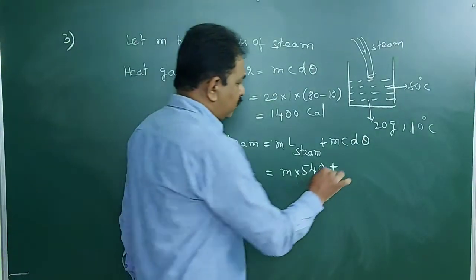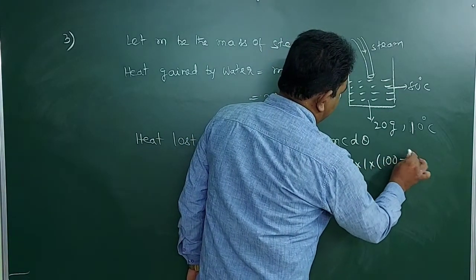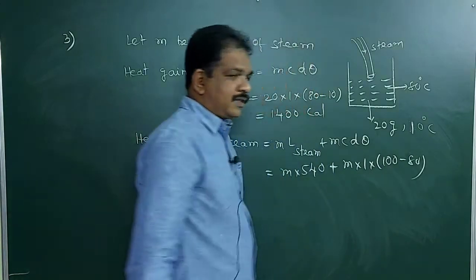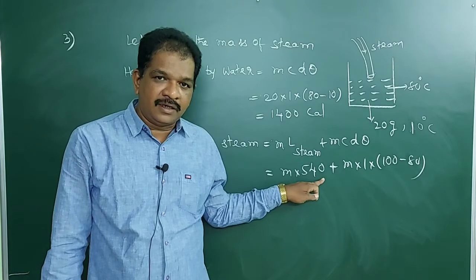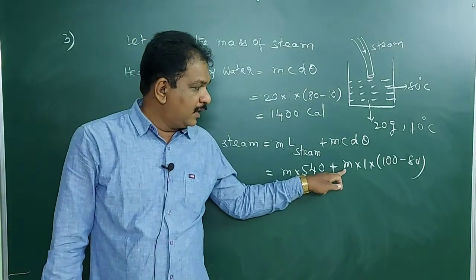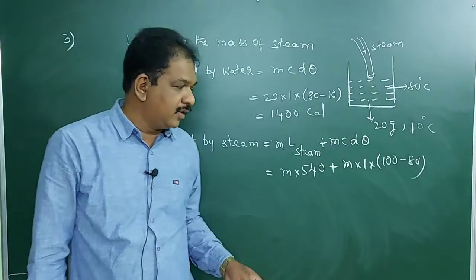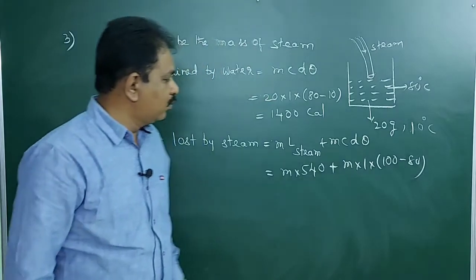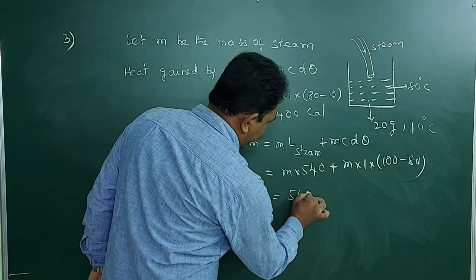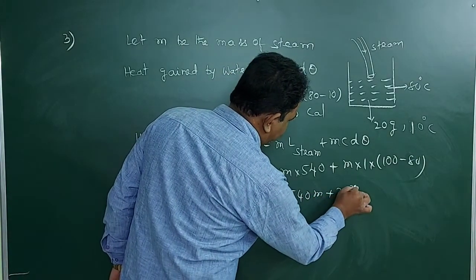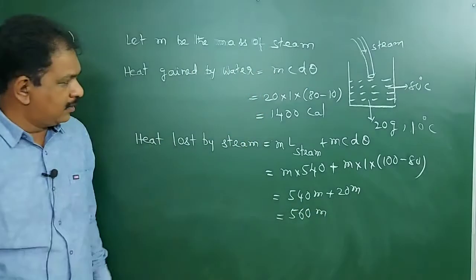Next m into C value 1, this will be 100 minus 80. That steam, by losing this heat, converted into water at 100 degrees centigrade. Later that water at 100 degrees centigrade converted into water at 80 degrees centigrade by losing this amount of heat. So this is 540 m plus this value will be 20 m. So this is 560 m.